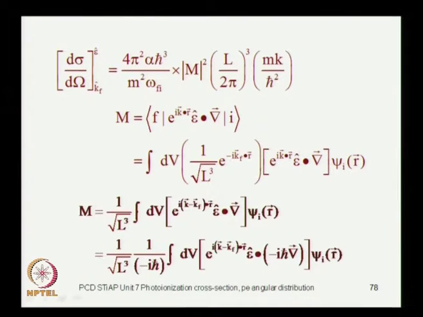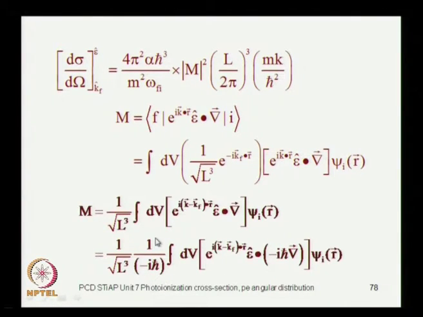So, this is the matrix element, and you now extract this 1 over root L cube outside. You have got the rest of the integrand, okay. And in this integrand you have got the momentum operator, the gradient. So, to write this del operator as a gradient operator, I multiply it by minus i h cross, and I also divide it by minus i h cross, okay.